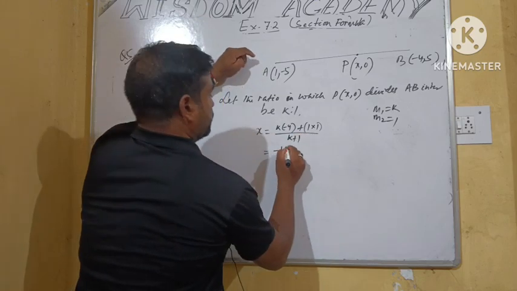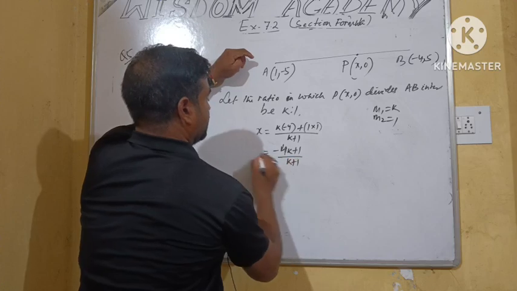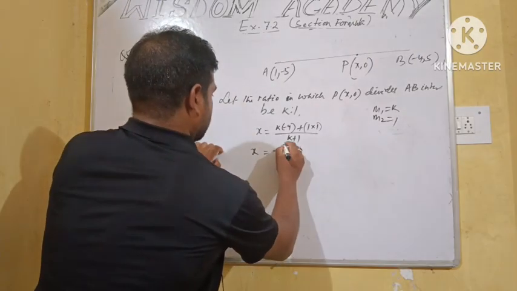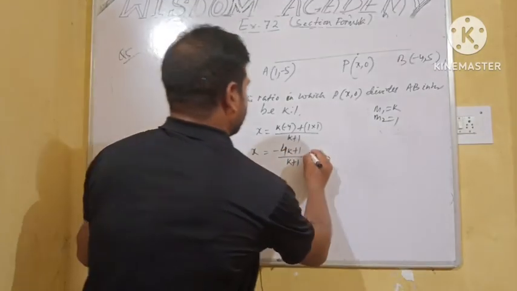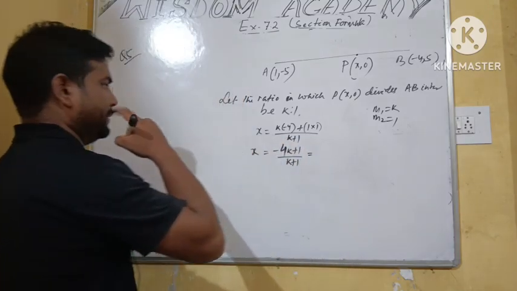Write down: (-4k plus 1) by (k plus 1) equals x.